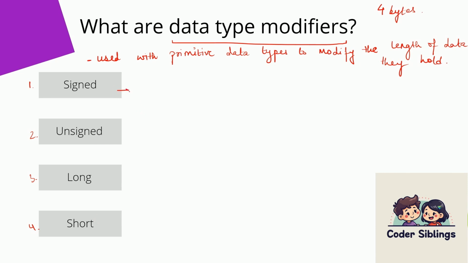Signed is used with integer, character. Unsigned is used with integer, character. Long is used with integer, double. And short is used with integer, right? So these are the 4 data types. And how do they modify the length? Let us check it out in the next table.